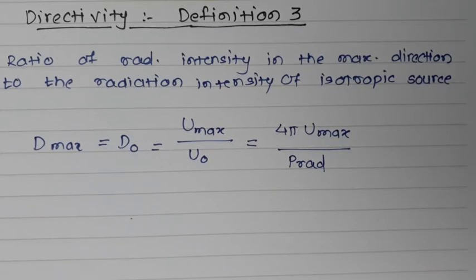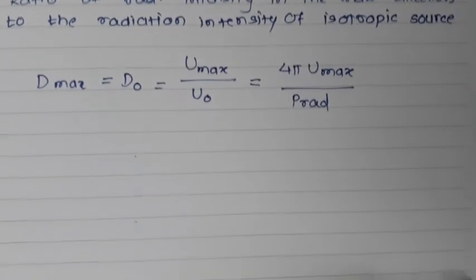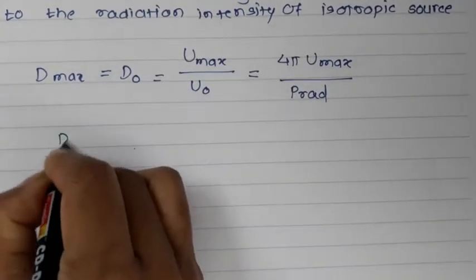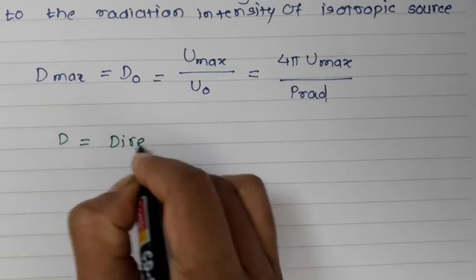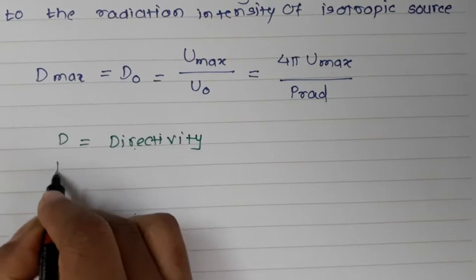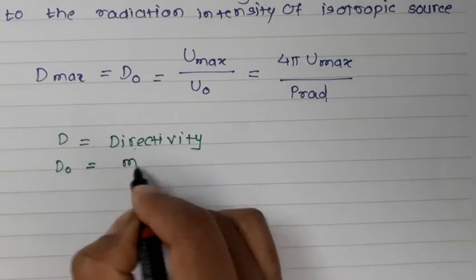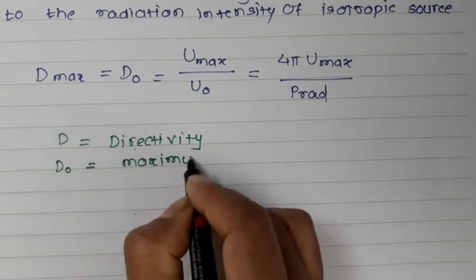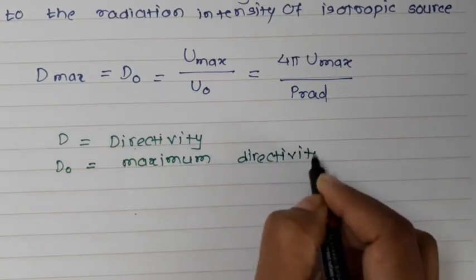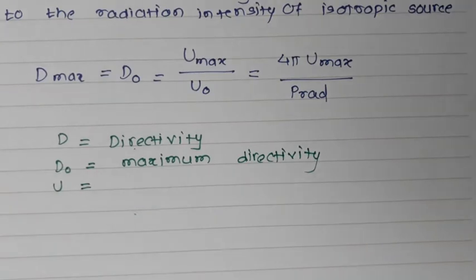In all the mathematical expressions, the notations we have used have the following meaning. D is the directivity, and as it is a ratio, it will not have any unit. D0 is the maximum directivity.